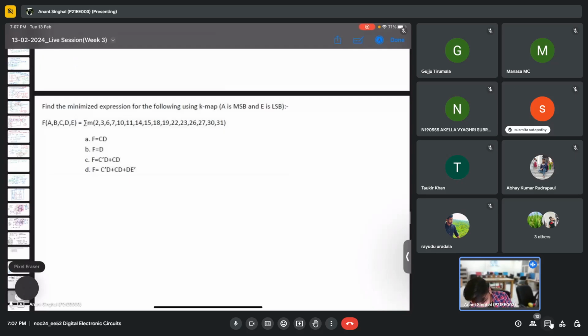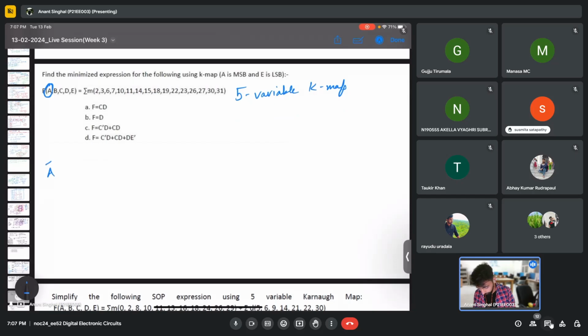Okay, so now this is the concept of the five variable K-map. For a five variable K-map, we need to separate the first variable. So please try to listen carefully. We need to separate the first variable in terms of A and A complement.